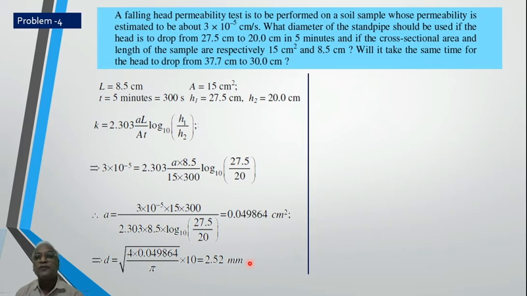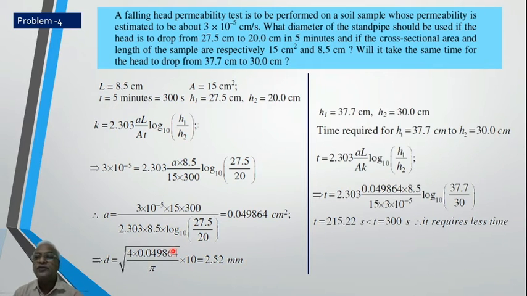Okay, second part of the problem. H1 is 37.7, H2 is 30. Calculate the time. Now, keeping all other things, because a is now found, right? So substituting a as so many centimeters square and then evaluating, t comes out to be 300 seconds. That is, it has taken 5 minutes.